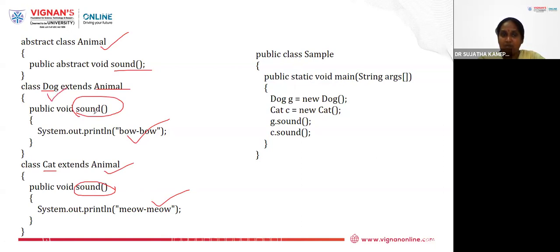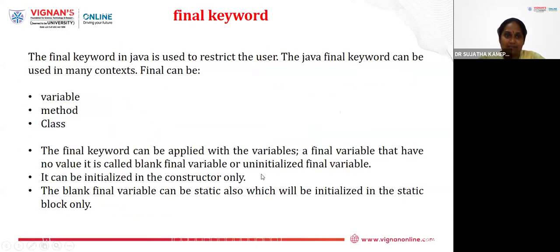Dog sound is different, cat sound is different, right? Specifically, the dog sound is bow bow. Specifically, the cat sound is meow meow, right? So, here it has its own specific implementation. Both the methods can be accessed here, right? So, this is the representation of abstract classes.